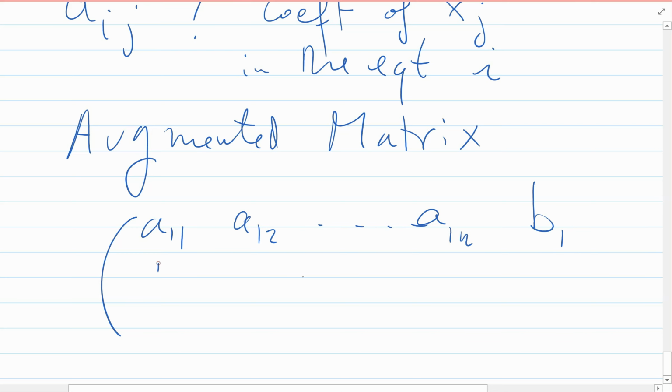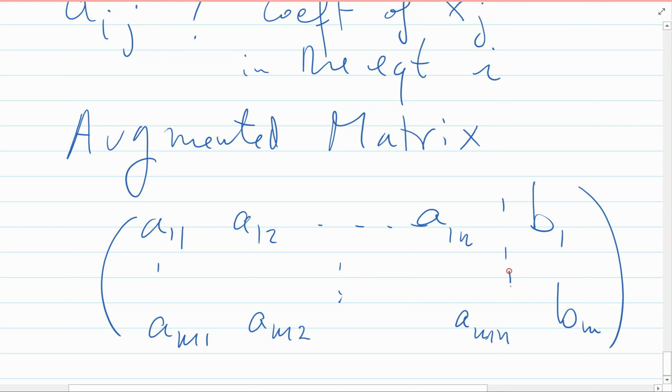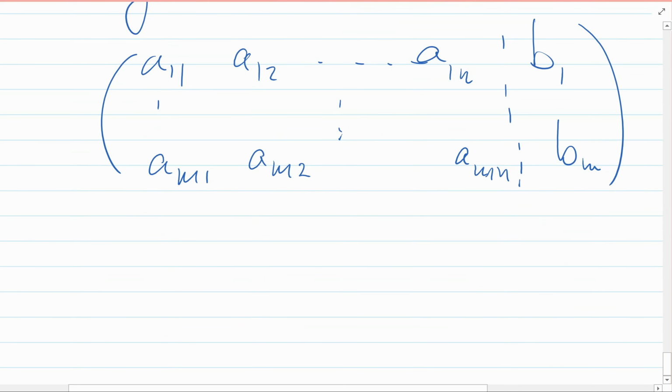Then we go down to am1, am2, ..., amn, bm. And we have to put the separation line for the augmented matrix. This is the general form of the augmented matrix, as well as the coefficient matrix.